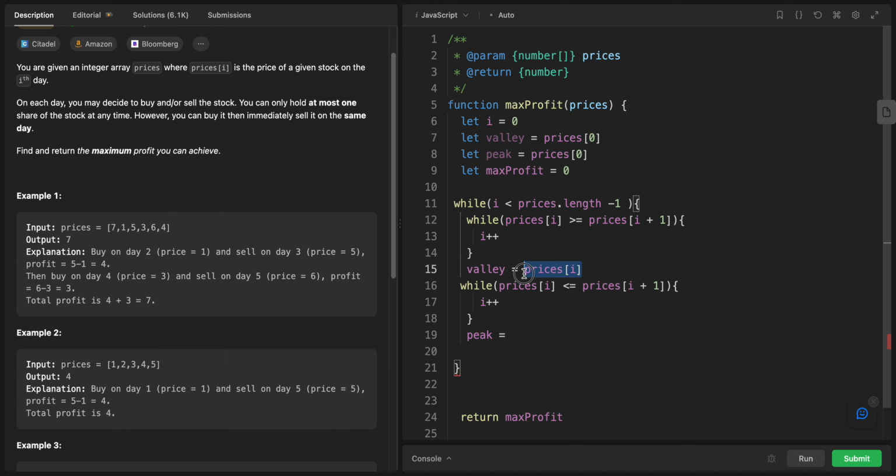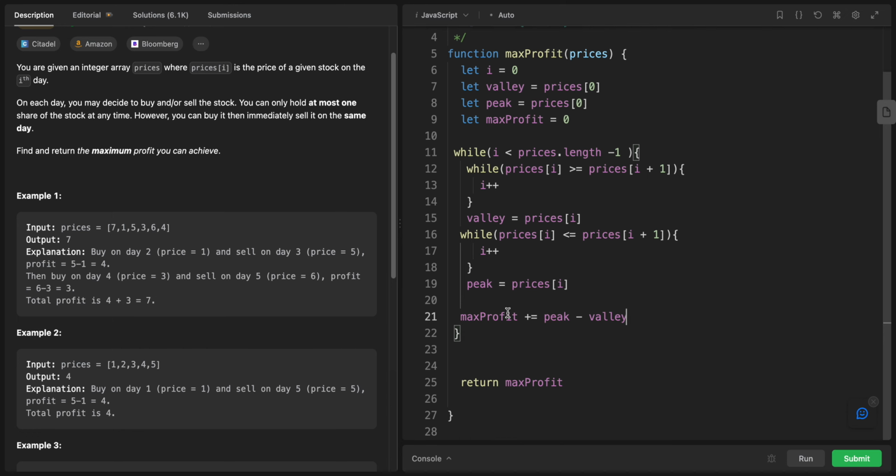It will be prices of i. And after that, I will say max profit plus equals peak minus value.